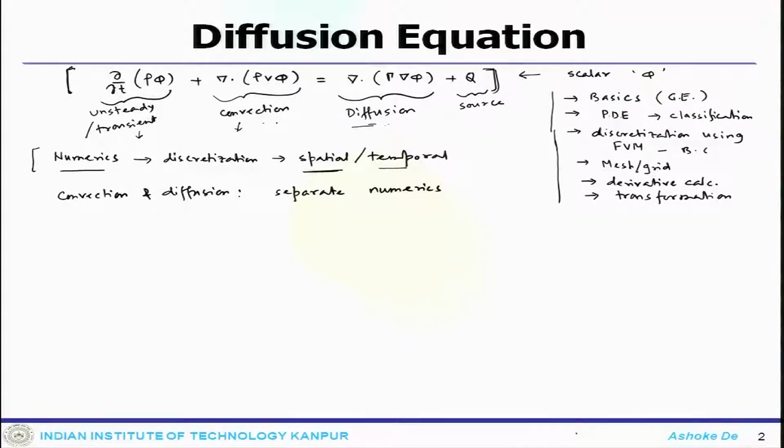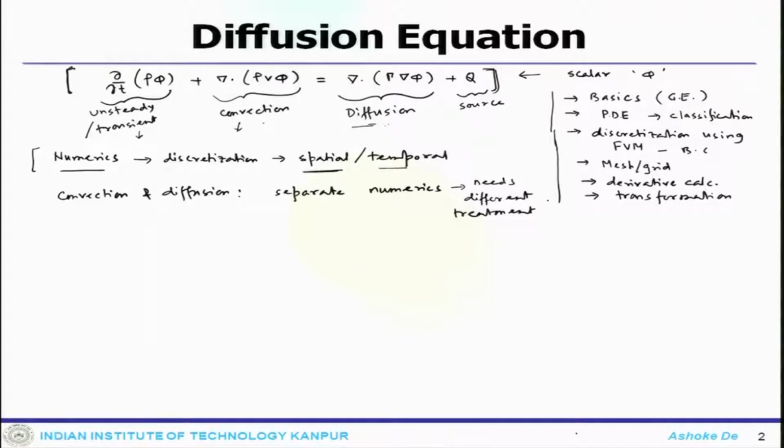That is why the numerics associated with convection and diffusion are completely separate, and the bottom line is that they need to be treated separately, essentially needing different treatment.